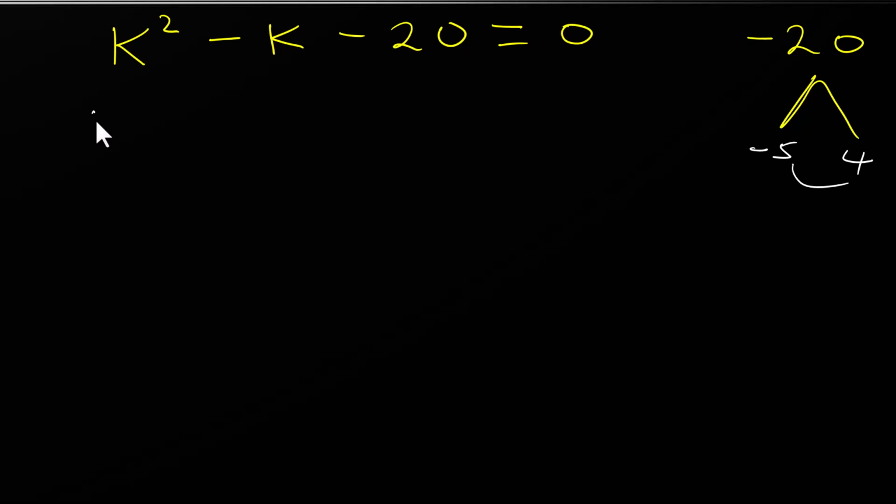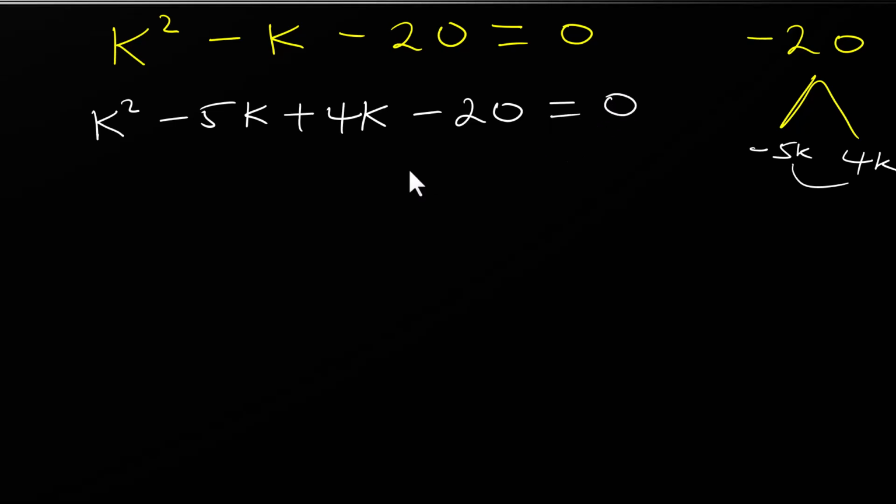So we have k squared minus 5k plus 4k minus 20 equals to 0. So we can factorize something out here. We can factorize k.